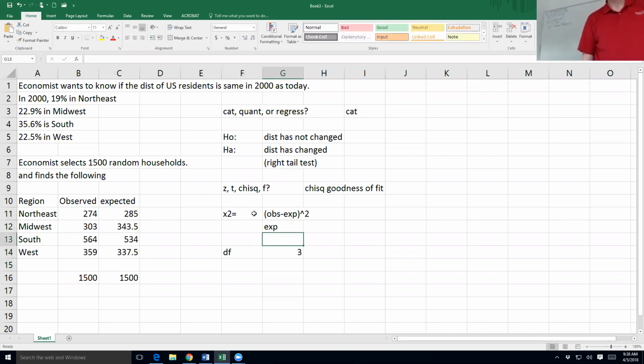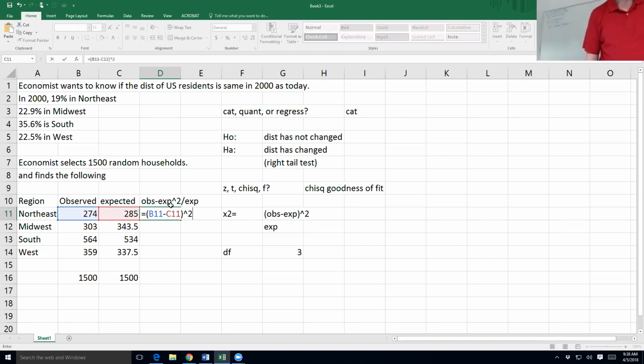Okay? All right, so now here's how we're going to do this. I'm going to create a column here called observed minus expected squared divided by the expected. So equals the observed minus the expected, squared, divided by the expected.